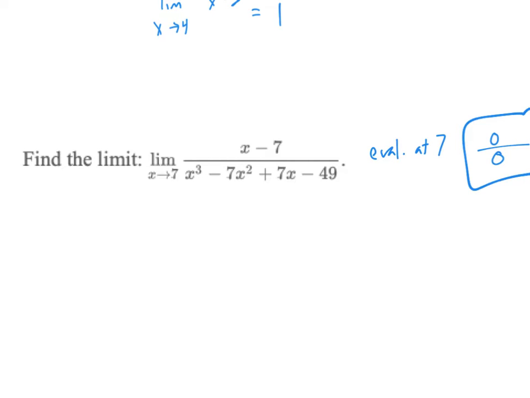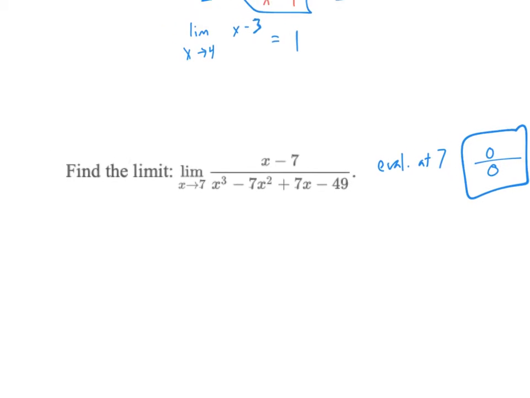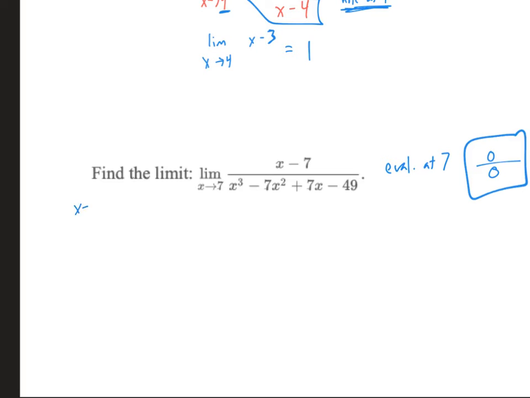So we're going to do some factoring by grouping. Some of you have heard it that way. Others of you maybe already know how to factor a cubic. We'll just do factoring by grouping here. So off to the side, we've got x minus 7 in the numerator. I look at the first two terms and pull out what they've got in common. So that's an x squared. I'm left with x minus 7. With the last two terms, see what they've got in common.